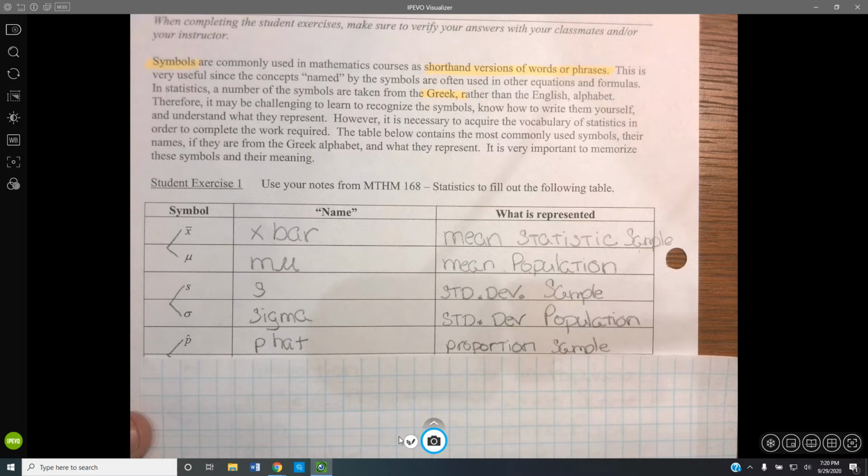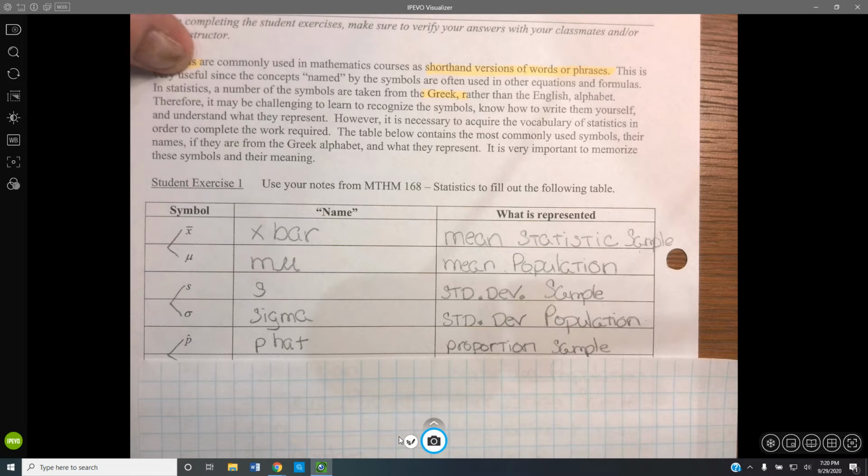P hat. A p hat value is a p with an almost exponent-looking hat on it. We call it the caret key sometimes, over top of the p value. We call it p hat, and it's a proportion for a sample. These will come to us as a decimal, a fraction, or a percentage. All proportion values are one of those three measurements.